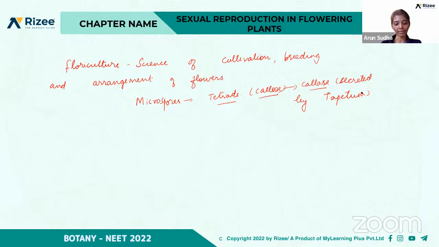We can study the various stages of reduction division, that is meiosis, and how the microspore tetrads are formed, right? So the study of pollen grains is called microbiology, anthology, palynology, or pomology. So the correct term is palynology. Yes, C is the right answer. This is the study of pollen grains.